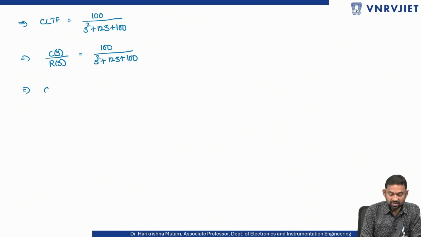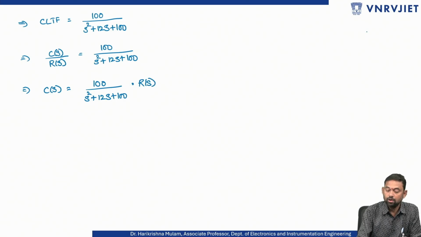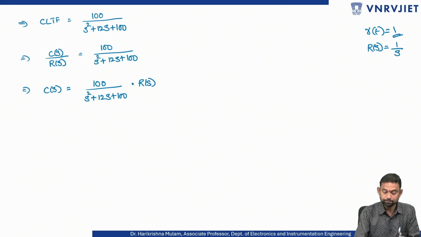Therefore, c of s, the response of the system, the output of the system in s domain, can be written as 100 by s square plus 12s plus 100 into r of s. We already told the input r of t is unit step input. Therefore, r of s will be the Laplace transform of r of t, which is equal to 1 by s.